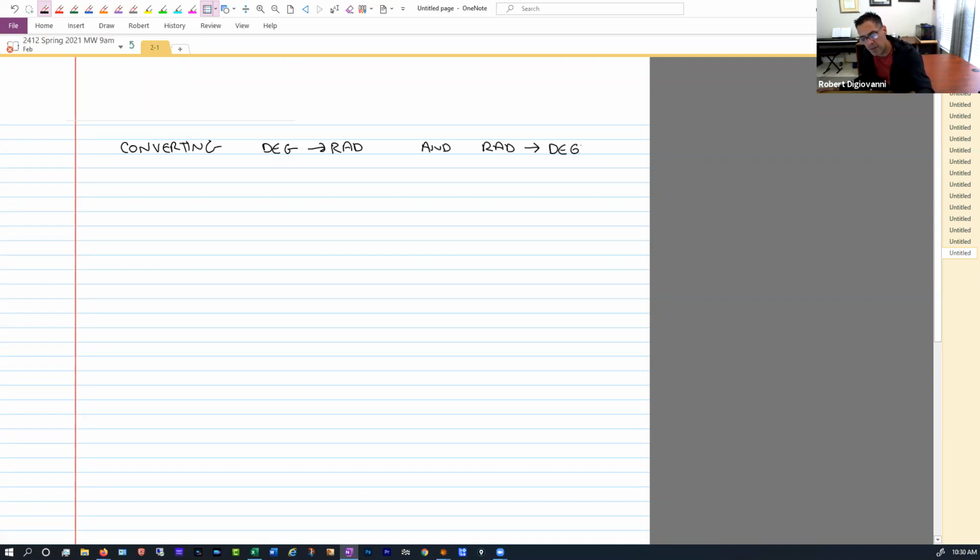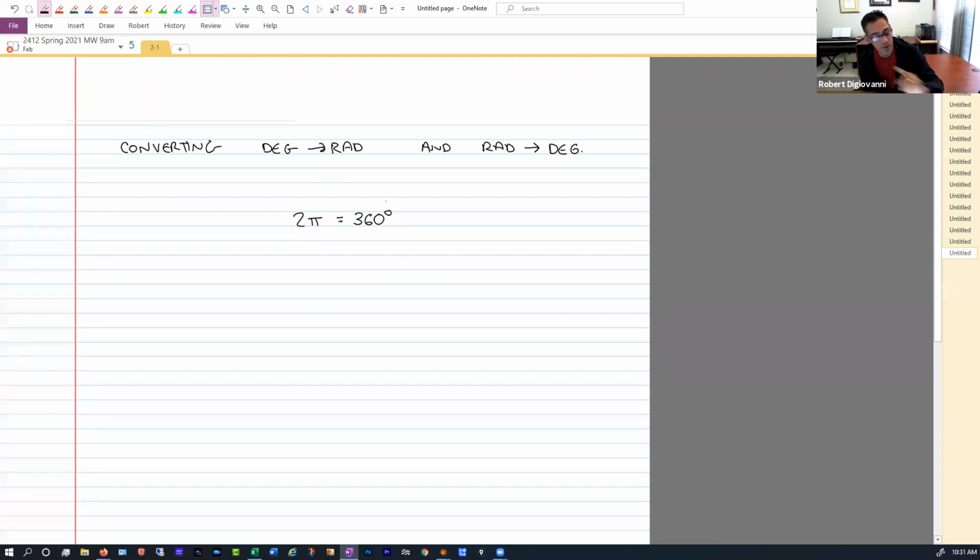And the great thing about this is that there's a nice little quick formula for this. And it all comes from this idea. Don't write this down, but I said this, 2 pi radians is 1 full revolution. Do y'all agree? So if that's 1 full revolution, that's the same as 360 degrees. That's a relationship we have, right?